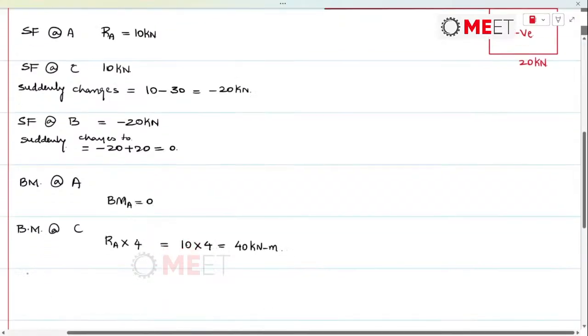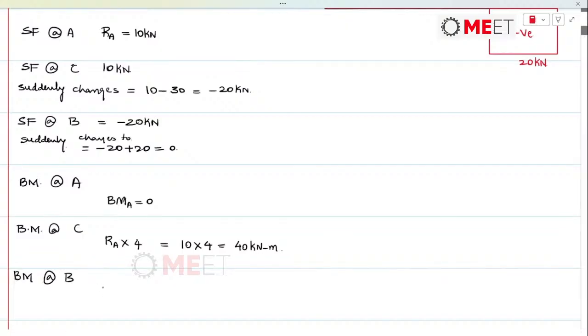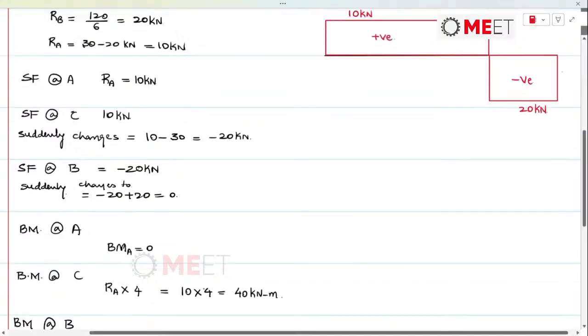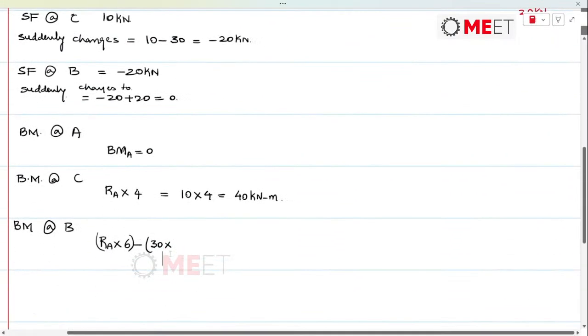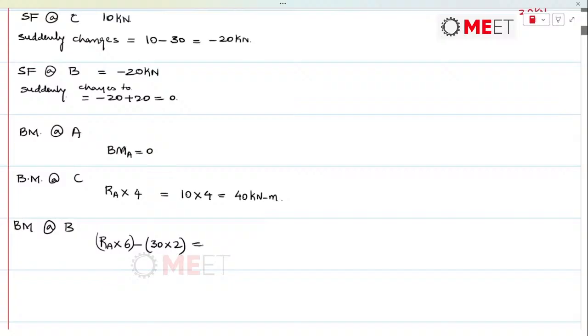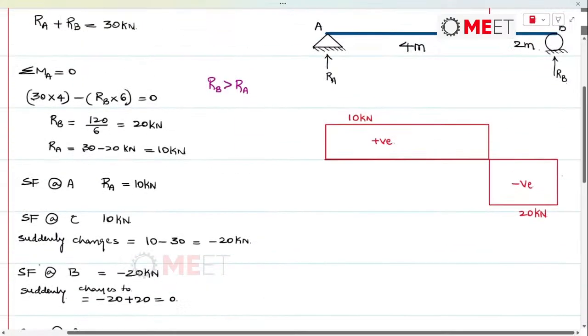Same way, if we compute the bending moment at point B, then RA will produce a clockwise moment, that is RA into 6 minus 30 into the distance between point C and B, which is 2 meters. So 10 into 6 minus 30 into 2, which is 60 minus 60. So bending moment at point B will come out as 0.